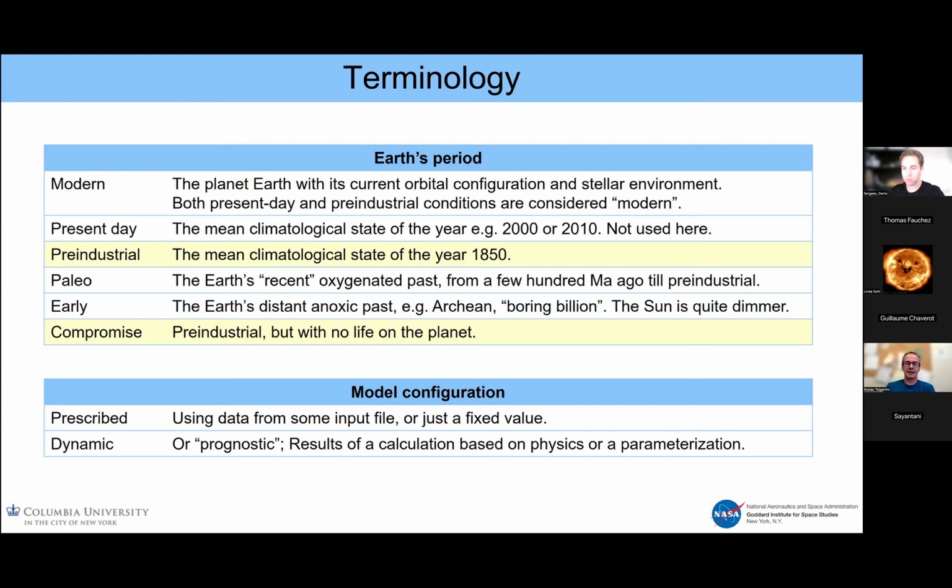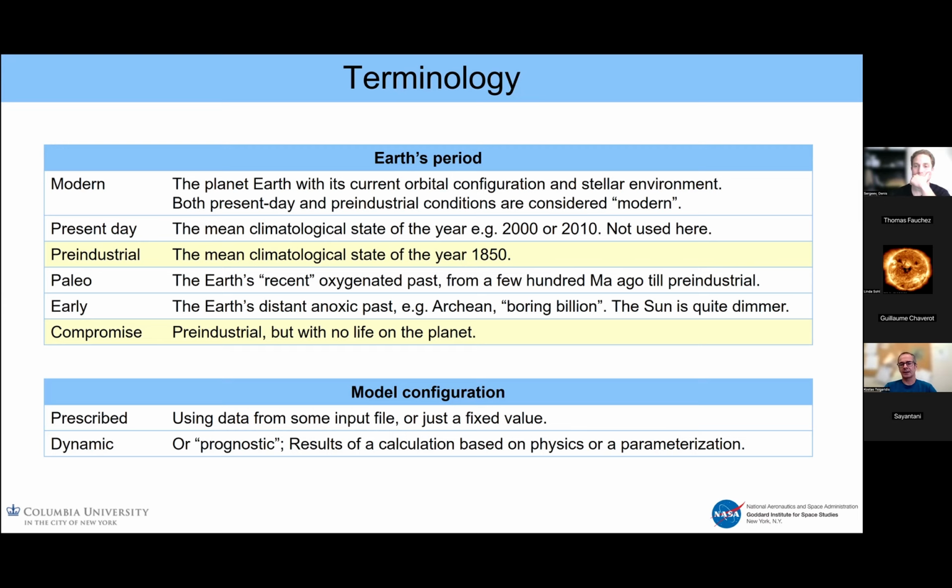And the other word is dynamic or prognostic, which essentially says that the model is calculating the variables that are of interest. Can be really anything. I mean, the model calculates things like global temperature, whether it is 3D or 1D or just a column or an energy balance model, the global mean, doesn't matter.